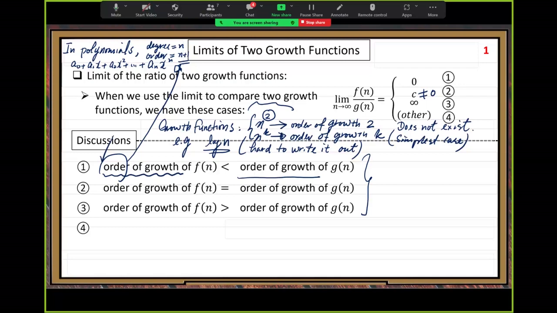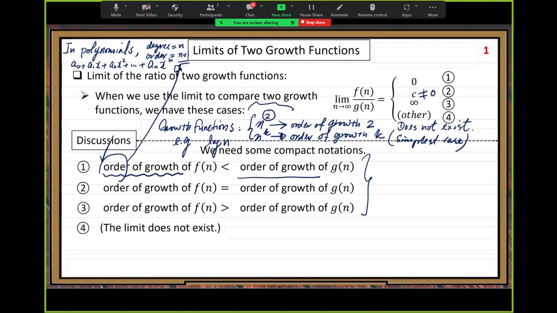So next, we want to use compact notation. Let me erase this line to let you see what we want to do next. We need some compact notation for the first three cases. Because for the first three cases, we use inequality or equality to represent the relationship between the order of growth of the f function and the g function.